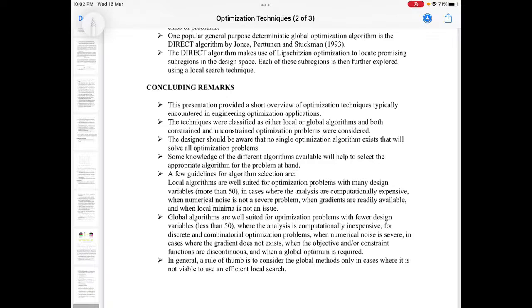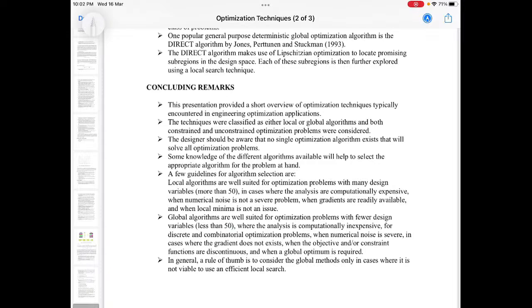Whereas global algorithms are well suited for optimization problems with fewer design variables, that is less than 50. When the design variables are less than 50, a global algorithm will be suitable.